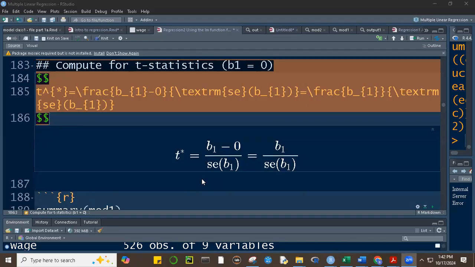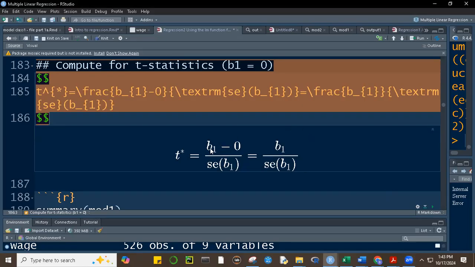So this is our formula. The t stat, class, is equal to the estimate, the coefficient, the beta, divided by the standard error of your slope or standard error of your intercept. So you're just dividing it, class. That's pretty straightforward.